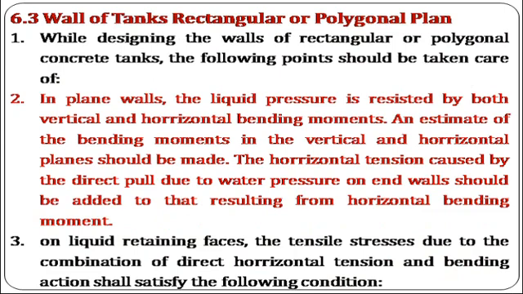Then clause number 6.3, walls of the tank that are rectangular or polygonal in plan. While designing the walls of the rectangular or polygonal concrete tanks, the different points that we have to take care of are, first, in the plane walls, the liquid pressure is resisted by both vertical as well as horizontal bending moment, and an estimate of the bending moment in the vertical and the horizontal plane should be made.